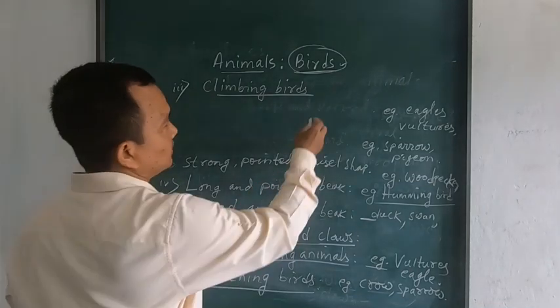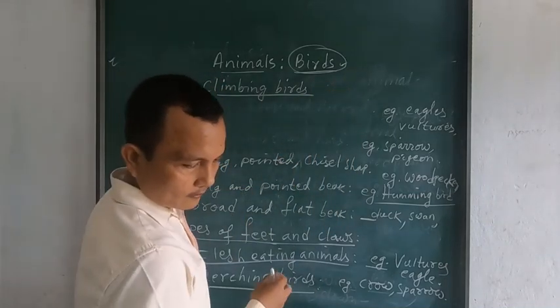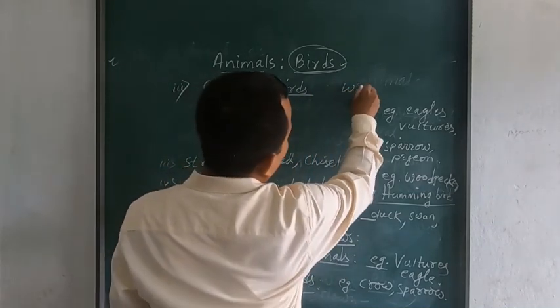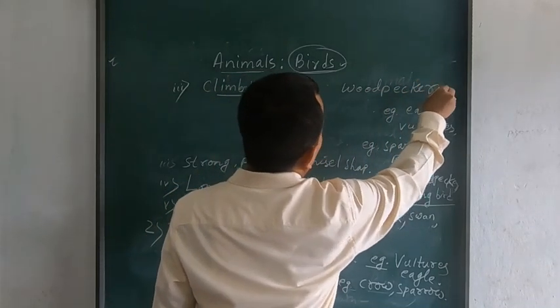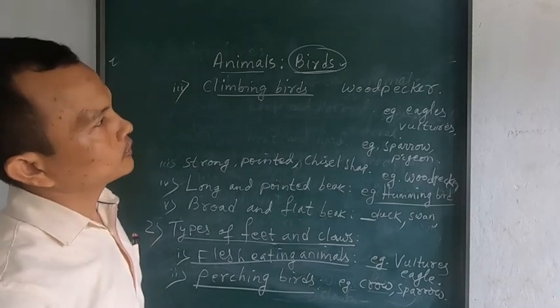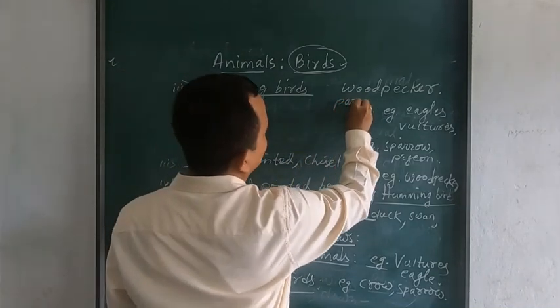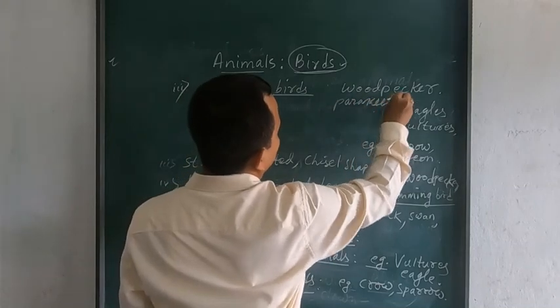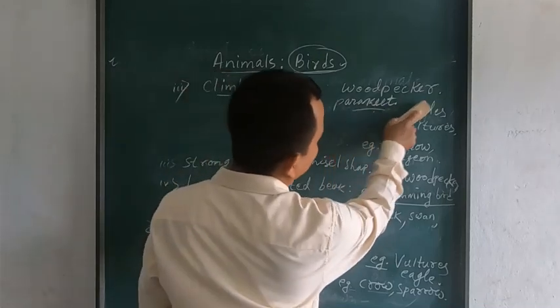Especially you can see this with the woodpecker, which helps it to climb on the tree, and we also have the parakeet, which helps to hang or cling on the twigs or branches of a tree.